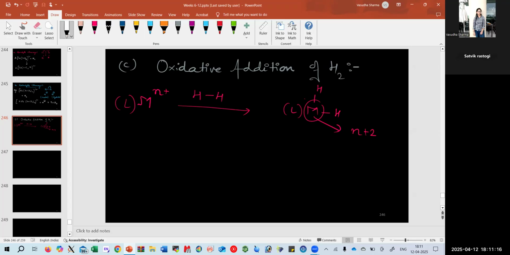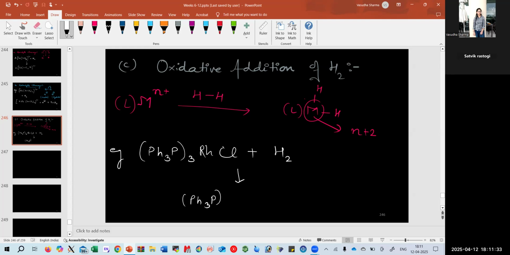So here we have an example. We are taking Wilkinson catalyst, which we will be talking about later, rhodium chloride with PPh3, in the presence of hydrogen. What would it form? Two PPh3 molecules will go out, and rhodium will be having two hydrogens. Here we are writing H bracket 2, meaning both the hydrogens have been cleaved, and we have rhodium H2, Cl and PPh3.